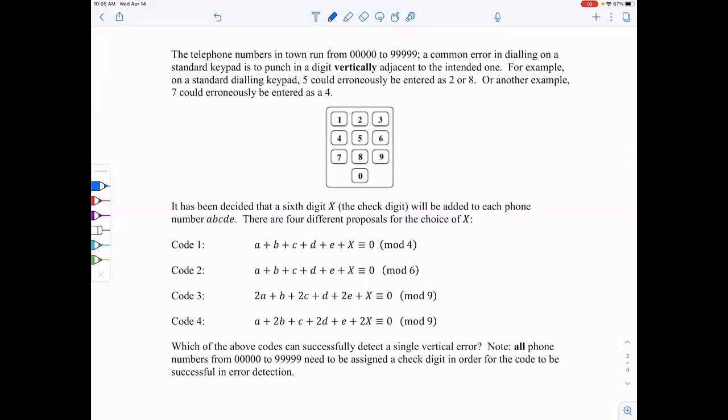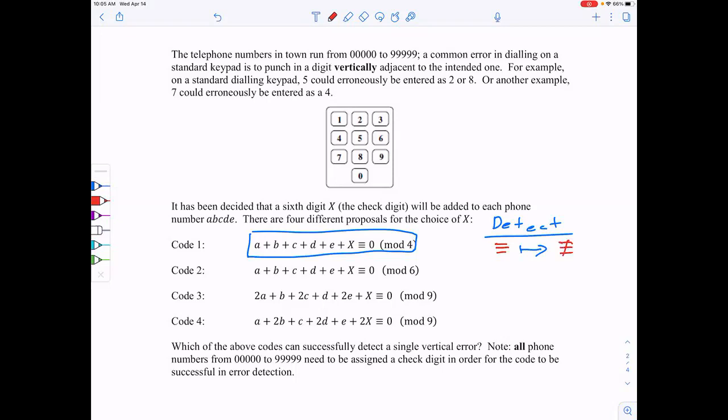Let's just think about code 1 for a moment. If we have this code and we're able to detect an error, what does that mean? It means that the congruence would change from being a true congruence to being not congruent.